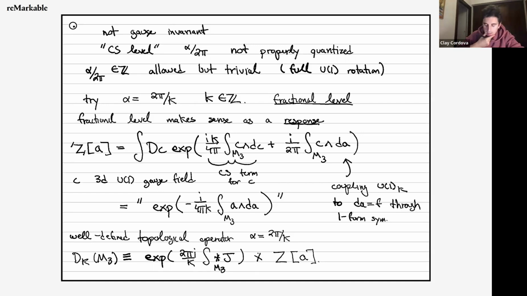And as Ankar correctly observed, this z of a is well defined, but has all the same gauge transformation properties as this kind of phase that we wrote down in the naive prescription. And this is well defined on any manifold. This is a topological operator that is well defined on any three manifold.